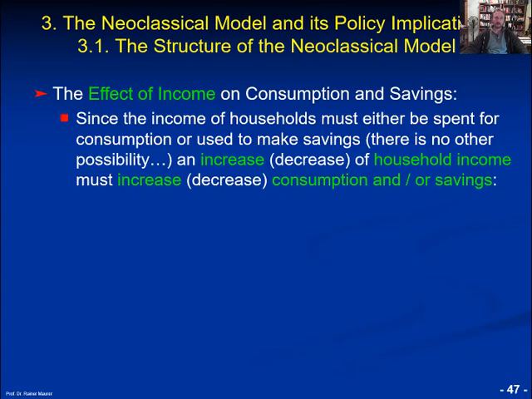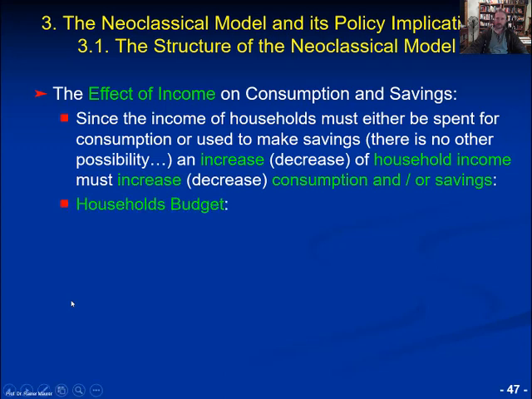Since the income of households must either be spent for consumption or used to make savings, an increase of household income must increase consumption and or savings, while a decrease of household income must decrease consumption and or savings.